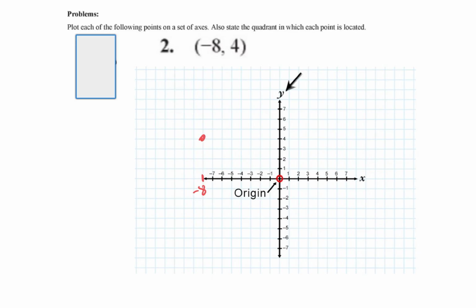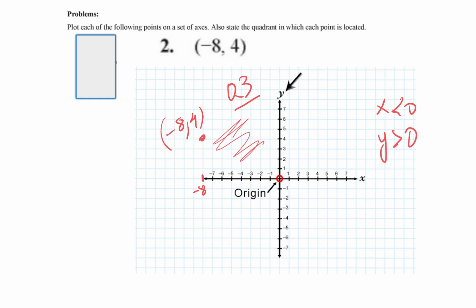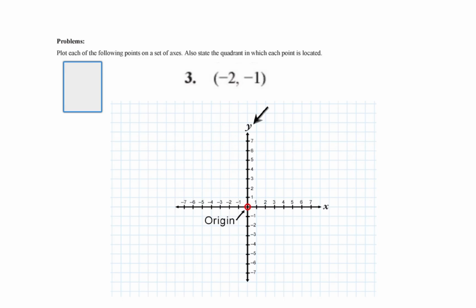So this point, minus 8, 4, is in quadrant 2. And for this quadrant, the x is negative and the y is positive. Okay, this quadrant is always filled with numbers where the x is negative and the y is positive. Okay, another one.